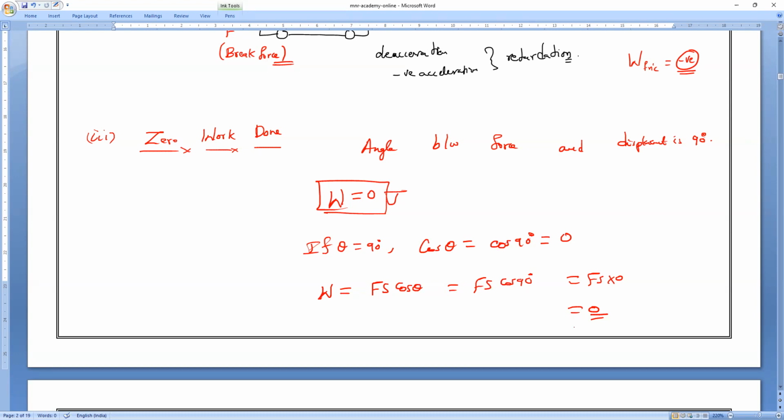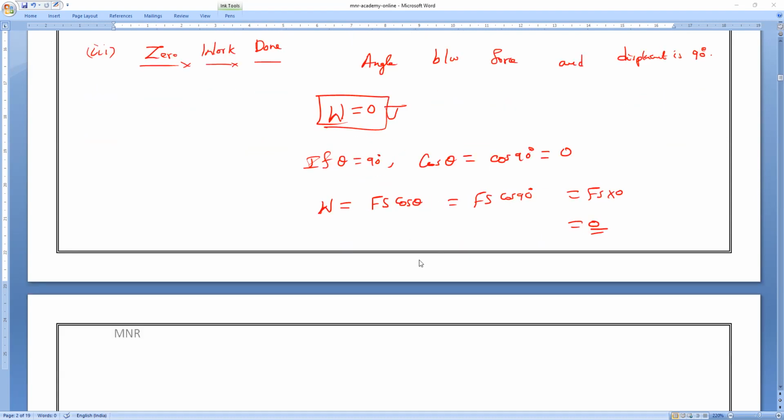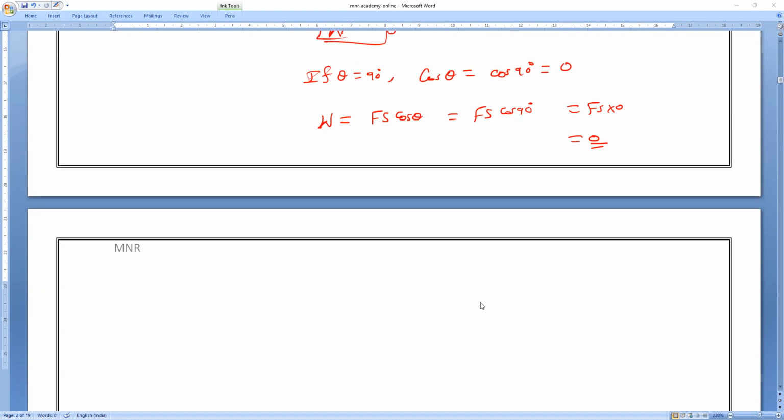Any doubt, you can ask. So this is zero work done. This is for the applied force, where the applied force is perpendicular. For example, this is the surface, the motion of the object is in this direction, and the applied force is in the upward direction.